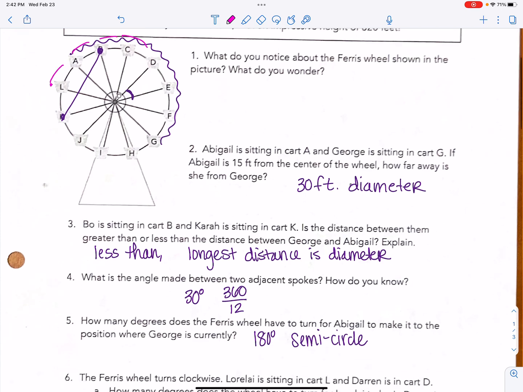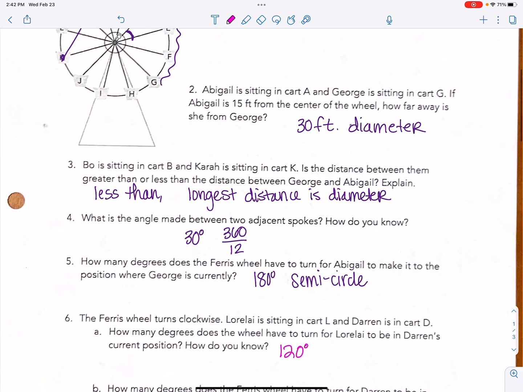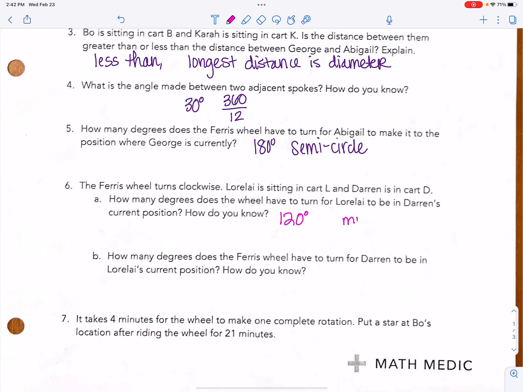So that should be 120 degrees because it was 4 of those little spokes. Anything that is smaller than a semicircle, we call a minor arc. You're going to write that down later, so if you don't write it down right now, it's okay. A minor arc is anything smaller than a semicircle.